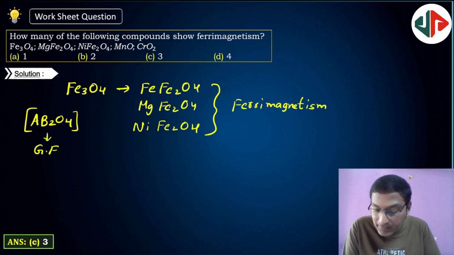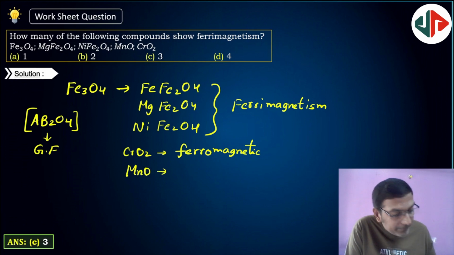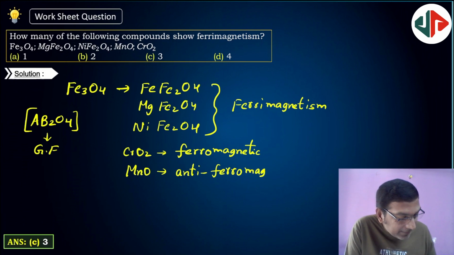Next, the remaining compounds. CrO2 is ferromagnetic. Next, MnO is antiferromagnetic.